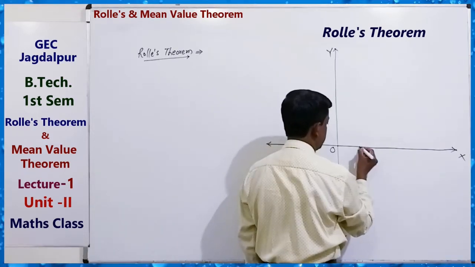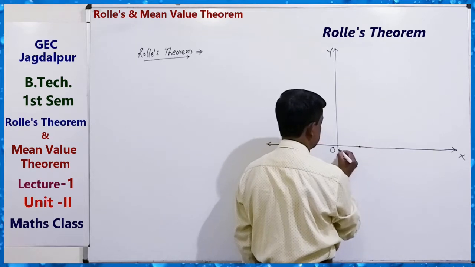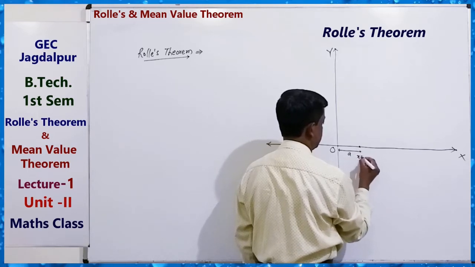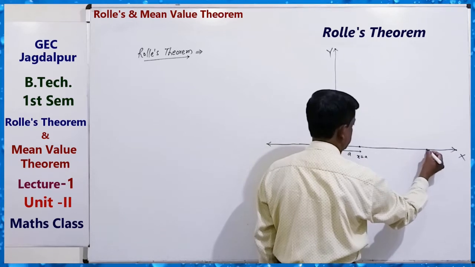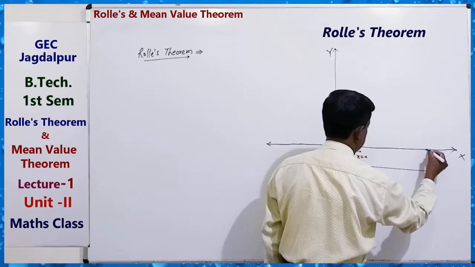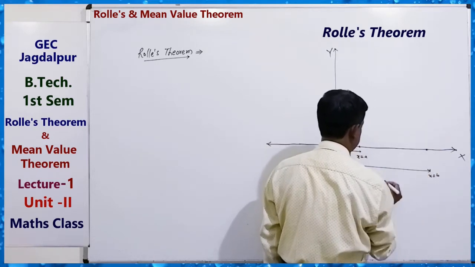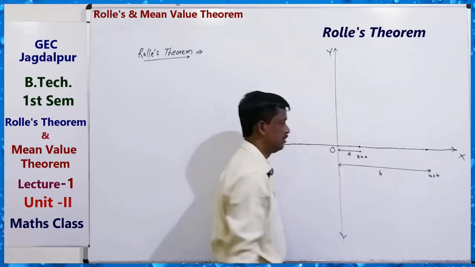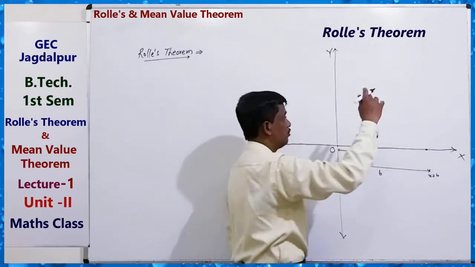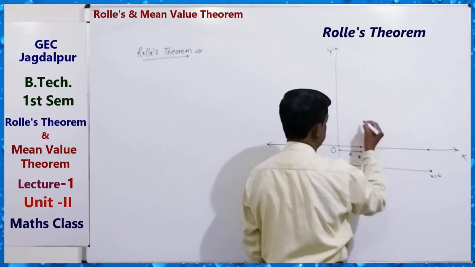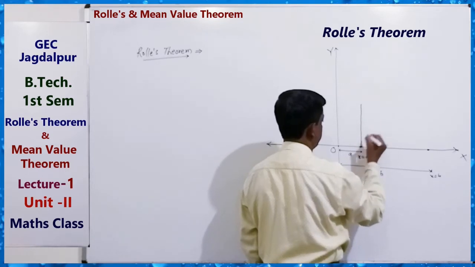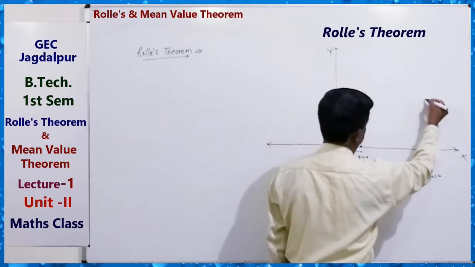Suppose this is point A, where x equals a, and here x equals b. Now if we draw the graph of the function, then f(a) equals f(b), that means the same value is here.